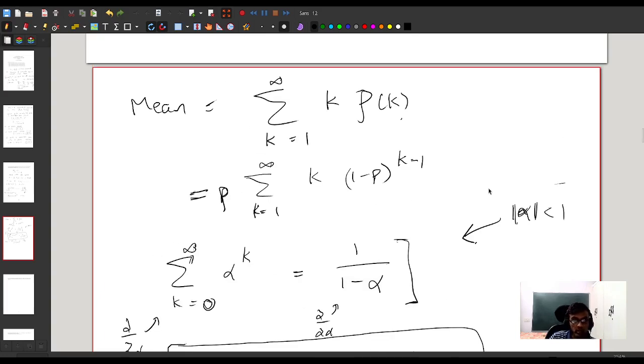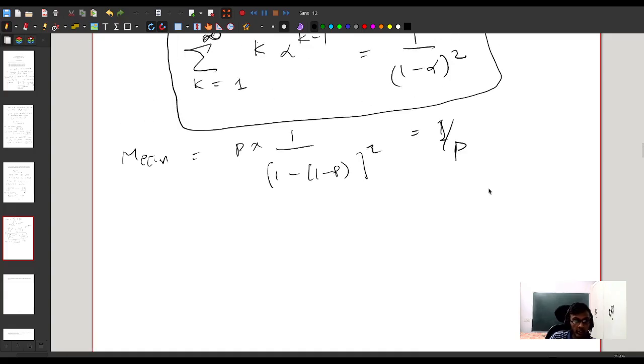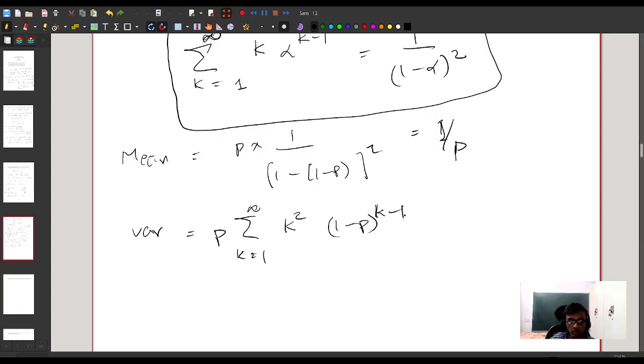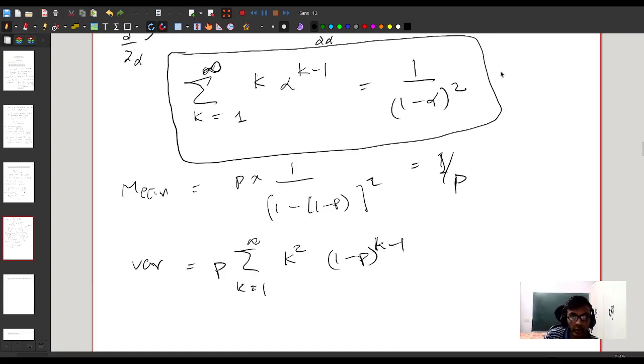And similarly, you can calculate the variance. We'd have to bring down another k in the sum. So we can just take another derivative of this expression to get what we want.